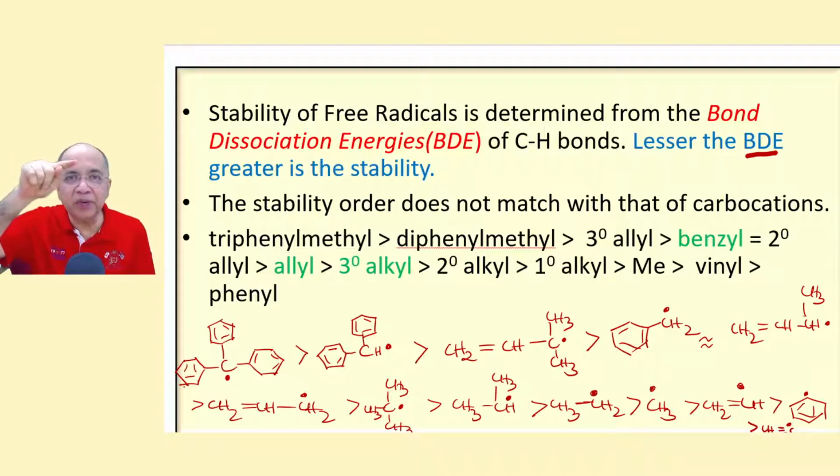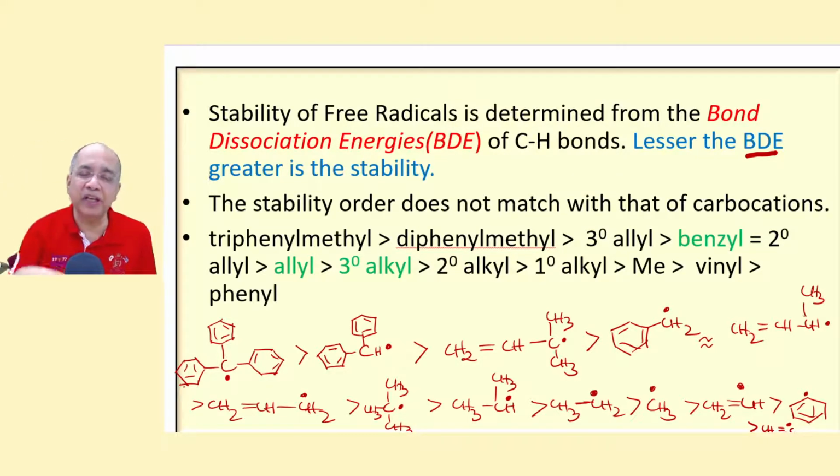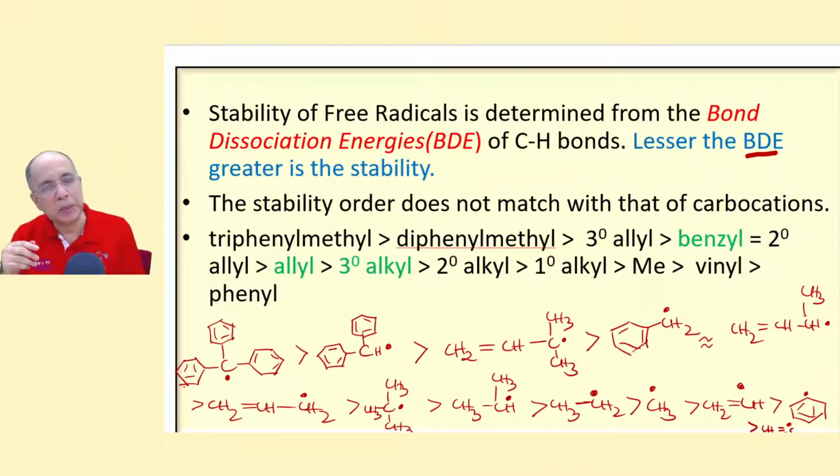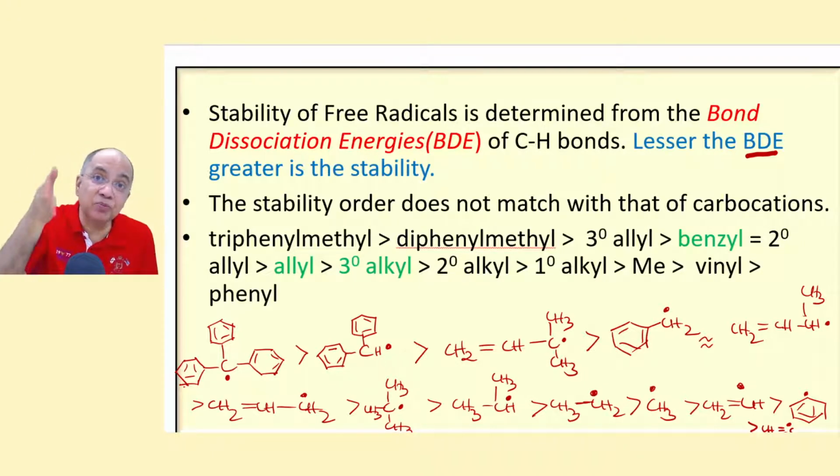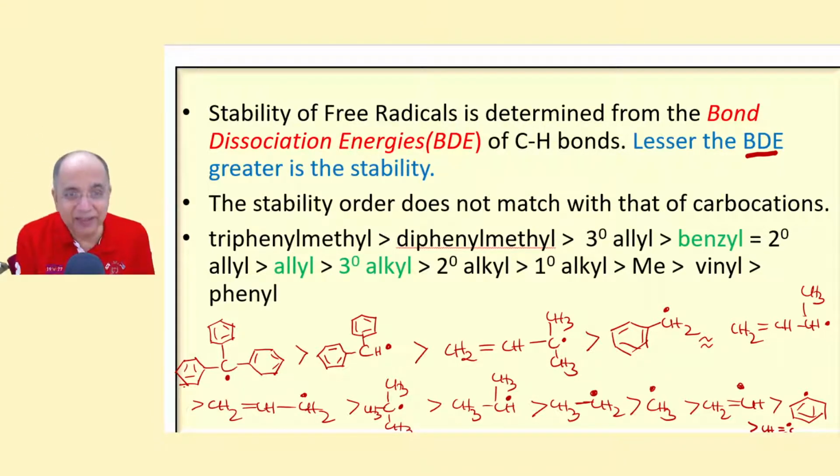After the homolytic cleavage of the C-H bond, H dot goes away with some other radical, forget about it, and we get the carbon free radical. For HIA, the energy sign was negative, it is evolved. But here the energy sign is positive because it is absorbed to break the bond. So if a radical is more stable, then less energy will be required to break the bond in order to get a more stable radical.